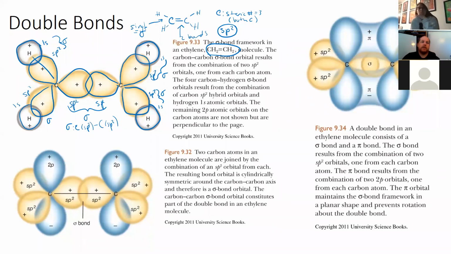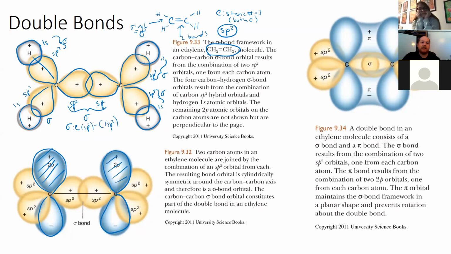But if you remember from what we talked about with sp2 hybrid orbitals, there's a 2p orbital that's not hybridized. This 2p orbital on each of those carbons is not hybridized. And if those two 2p orbitals on the carbons are in the same phase, then you can get, again, good overlap. And when you have good overlap between orbitals that are in the same phase, that can lead to a bond.